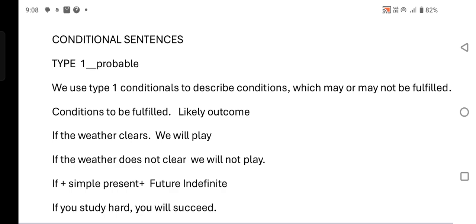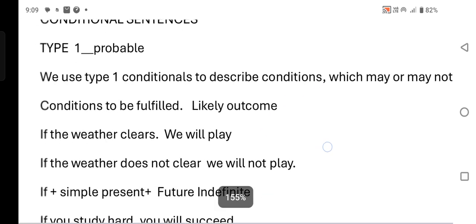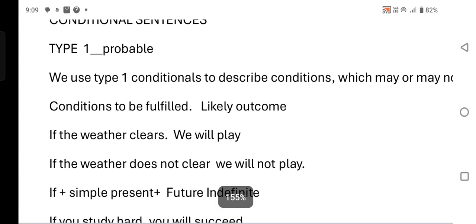For example, if the weather clears, we will play. Another example, if the weather does not clear, we will not play.